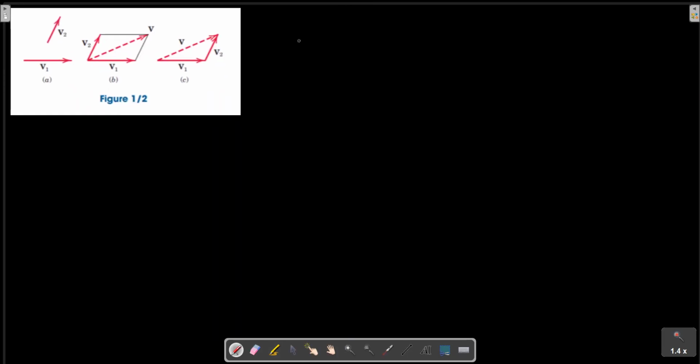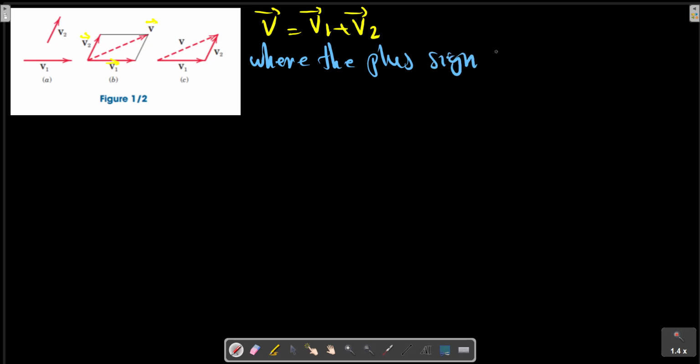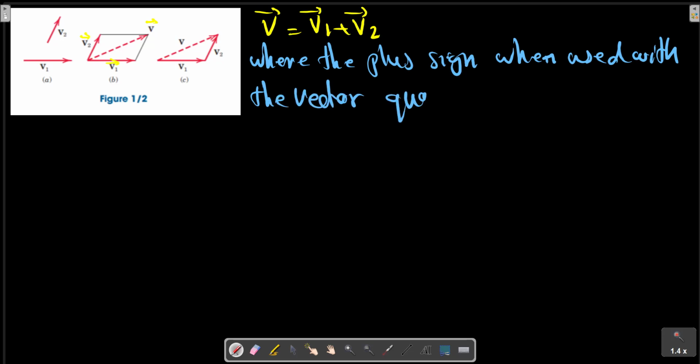As we said, V1 plus V2, where the plus sign, when used with vector quantities, means vector and not scalar addition.